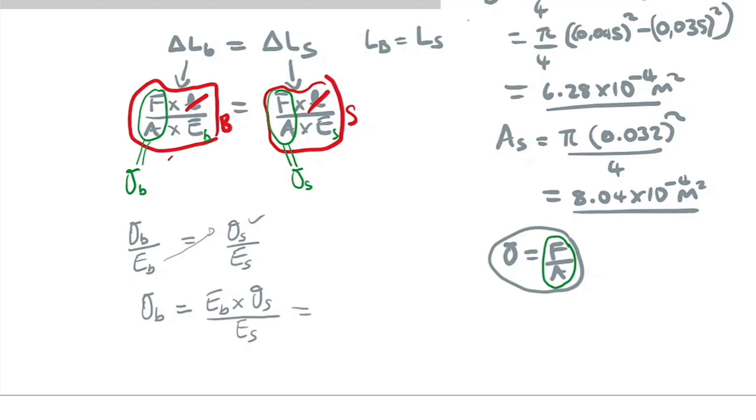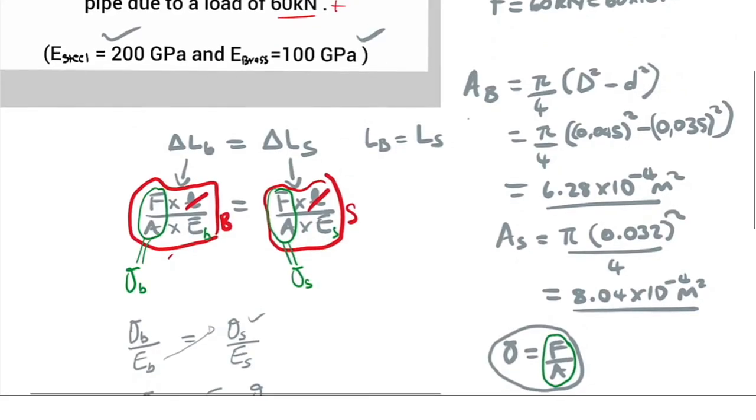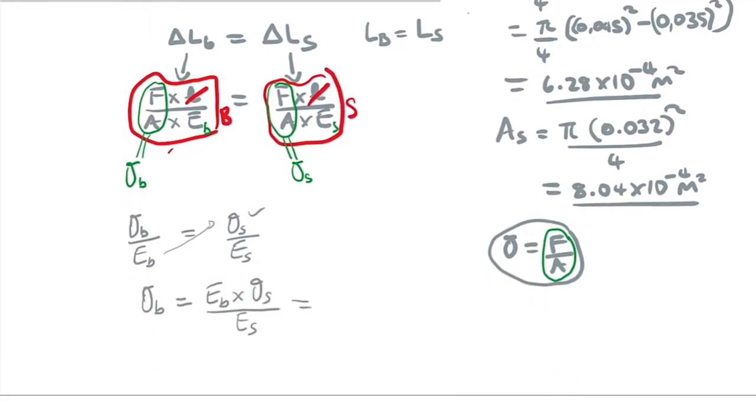Then when you proceed here, Young modulus for the brass is 100, times 10 to exponent 9, it's a gigapascal. Then divide by the Young modulus for the steel, it is 200 times 10 to exponent 9.